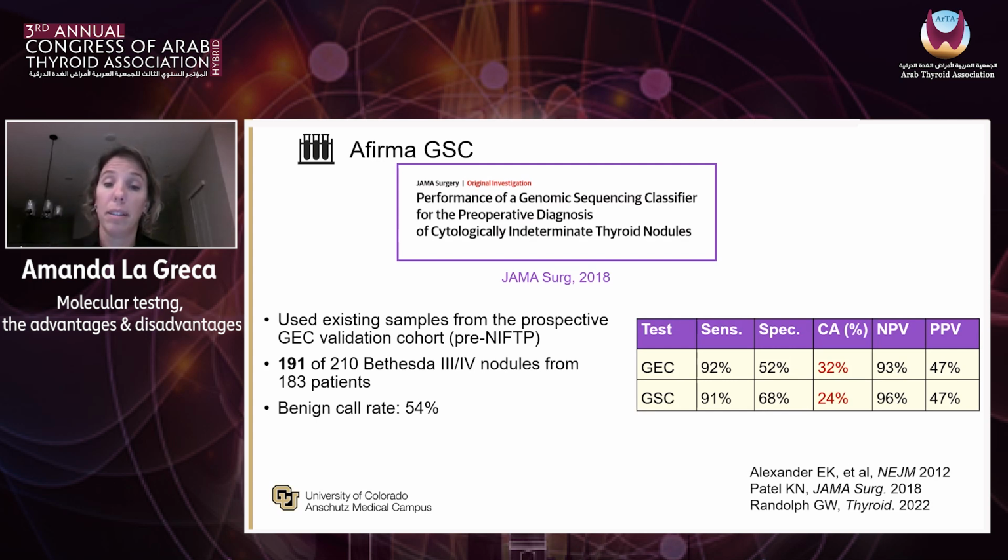And the cases that are called negative are probably at the same rate as benign cytology, so around 3%, which is really great. And the positive predictive value is around 47%. And we're going to talk a little bit more about that.